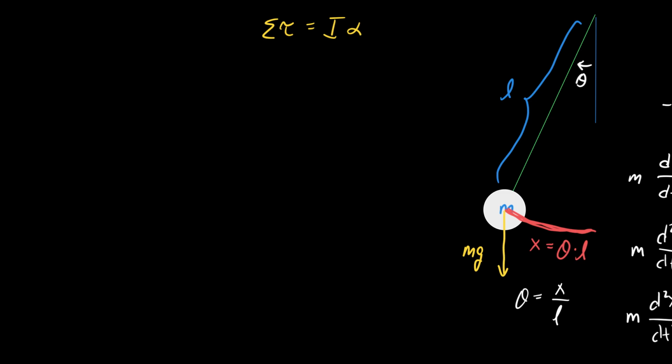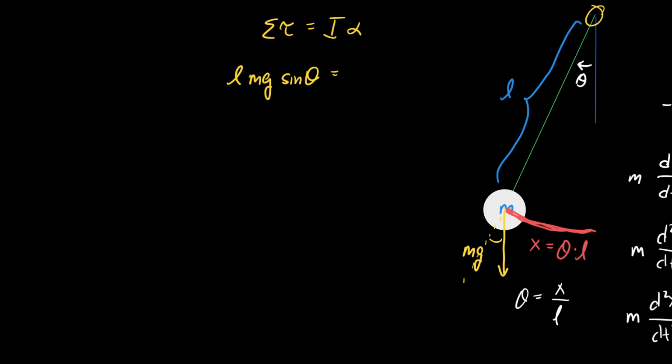So length of the torque arm, size of the force, and if I come down here and look, that angle has to be theta due to corresponding angles. Remember my geometry. So sine theta. This is a point mass rotating about a pivot point over here.